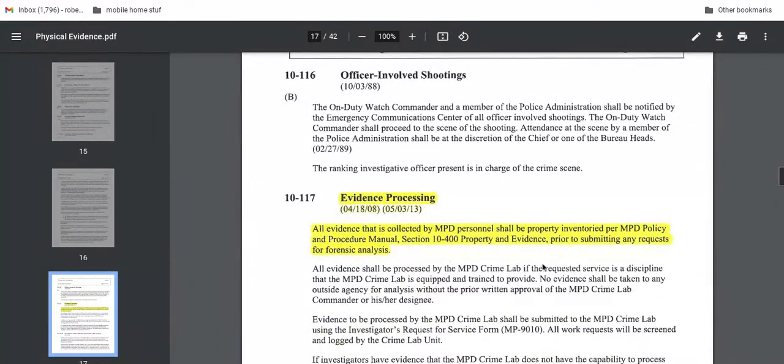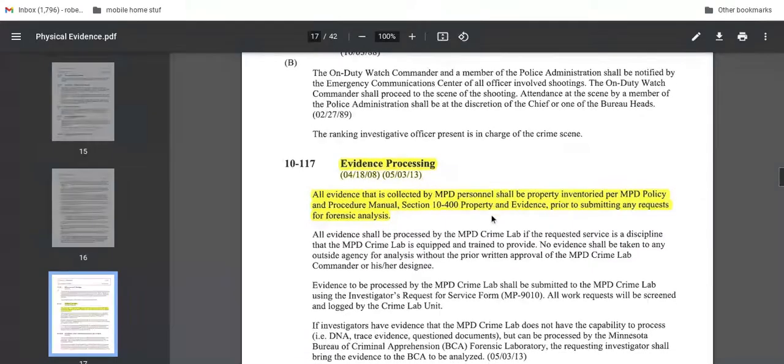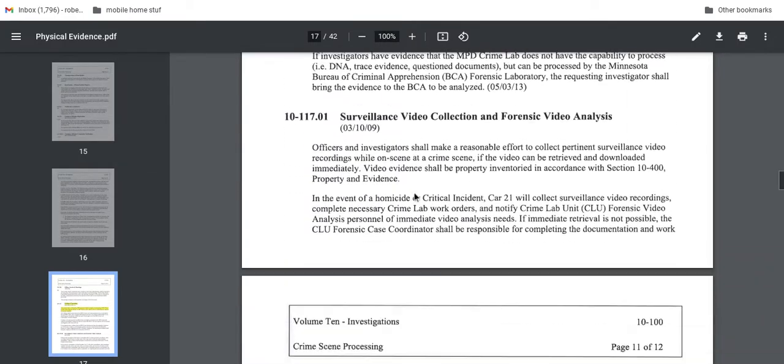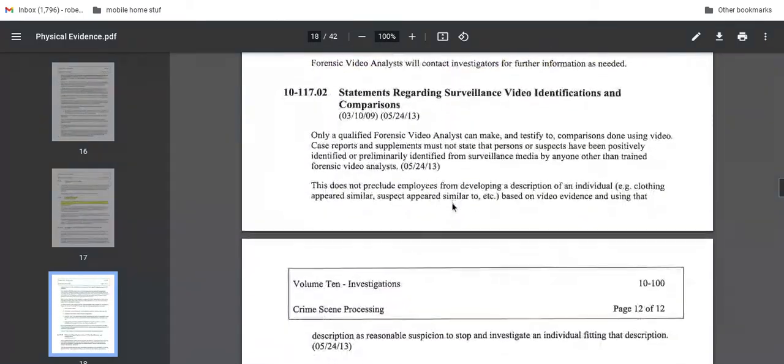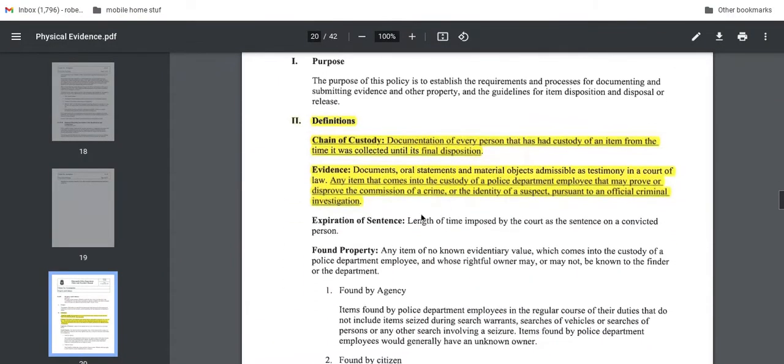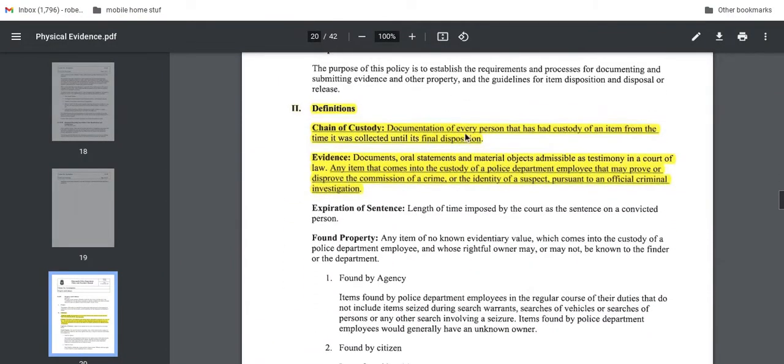Evidence processing. Okay, it's supposed to be processed for physical analysis. Prior to that, they have to log it. And it goes into specifics later on here about the discharged shell casings. Okay, the chain of custody. He has to document every person that had custody of it from the time it was collected until its final disposition.